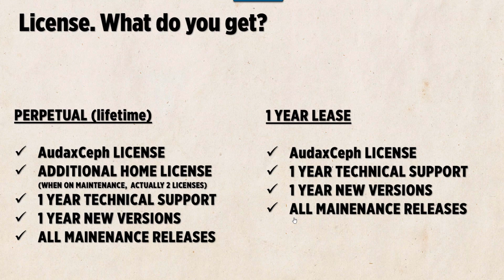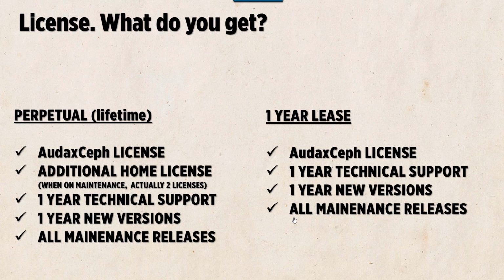Remember, you are on maintenance in the first year, and if on maintenance, you get additional license for home use, which actually means that you can use two licenses, one at your office, one at home. This is true for the first year per se, because maintenance is included in price. Again, maintenance is included in price, which means that technical support and new versions are included.